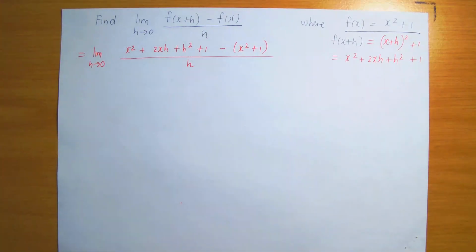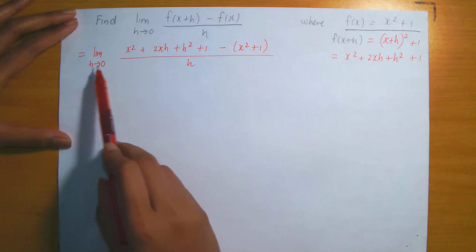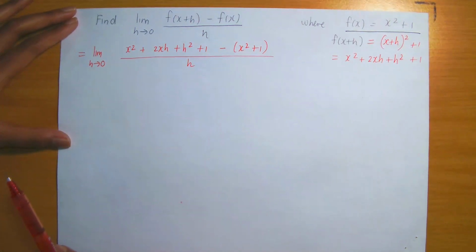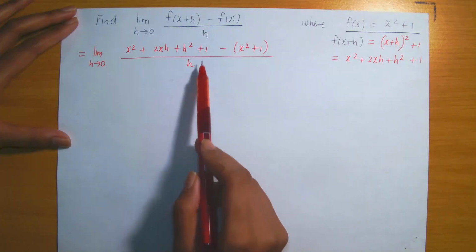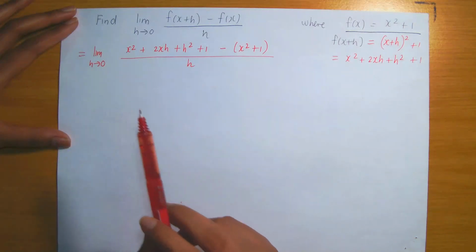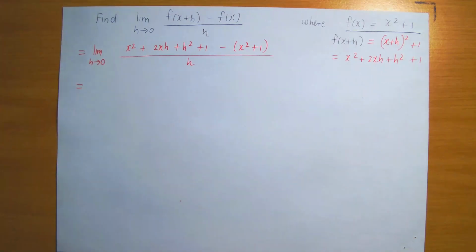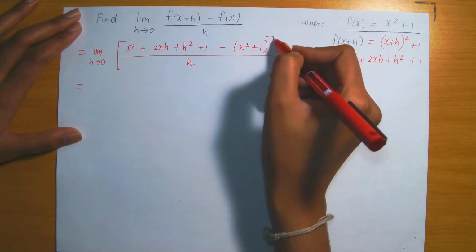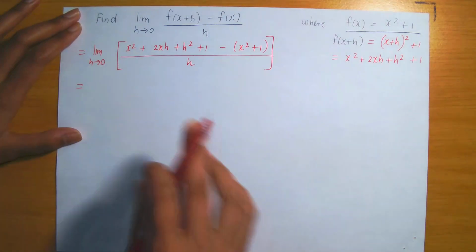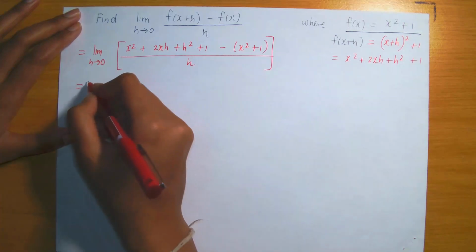Now, using our properties of limits, you would think that since this is a quotient, you could then distribute your limit into the numerator and into the denominator immediately. But observe that the denominator would then be evaluated as 0. So because of that, we cannot use that property which I have just mentioned. Instead, we would have to proceed by aiming to simplify what I've written in the square bracket and then evaluate the limit. So let's simplify.